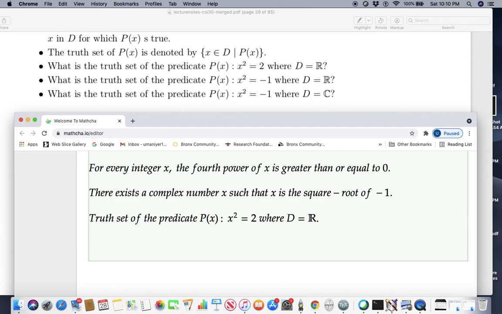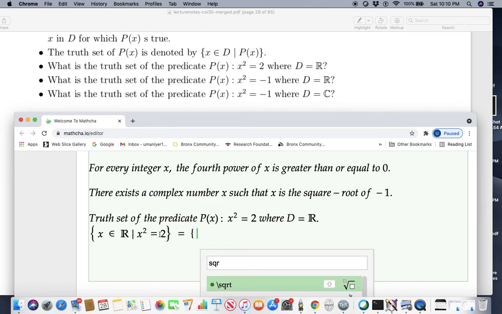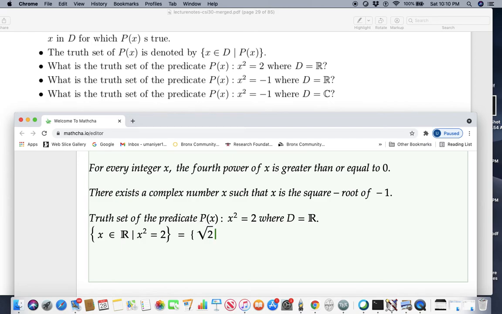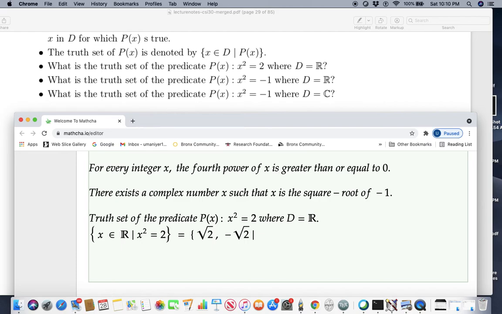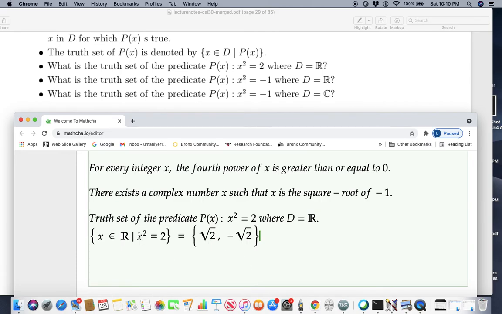Okay, so you are looking for the set of all those x in the set of real numbers such that x to the second power is 2. Well, which is what? It is square root of 2 and negative square root of 2. That's it. These are the only two numbers whose square is 2. These are the only two real numbers.